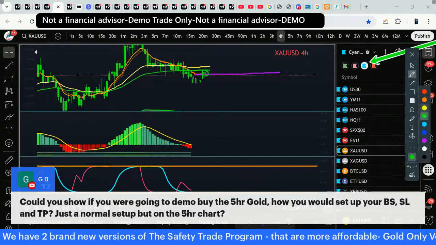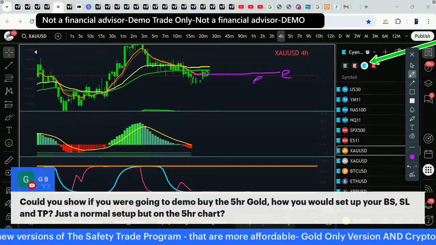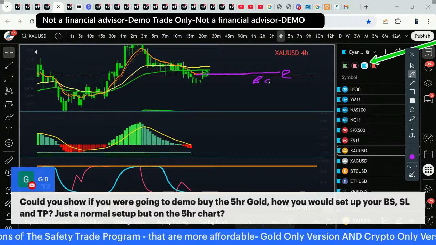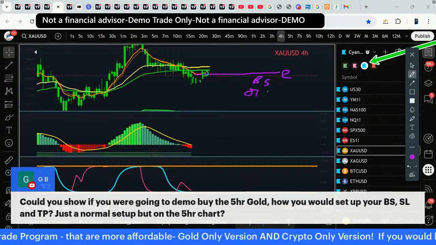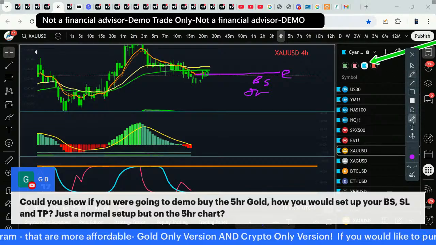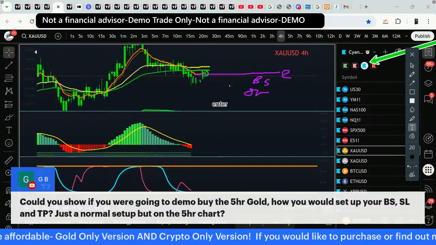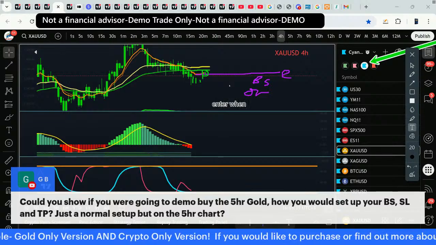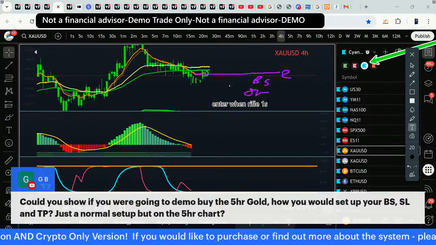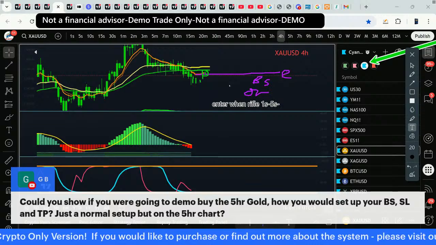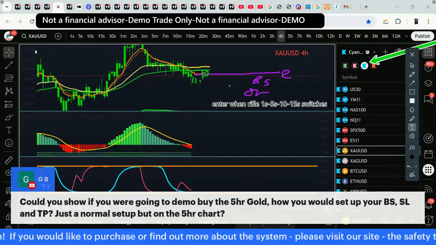Your entry line, your buy stop is off price action going above the orange line, or enter, this answers Sally's question too, when the rifle 1 second, 5 second, 10 second, whichever time frame you want to do it on, switches to green.